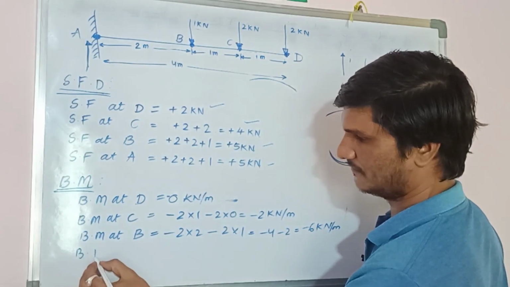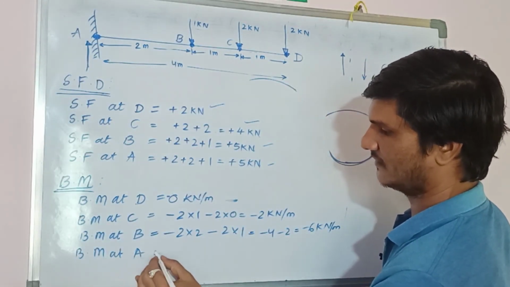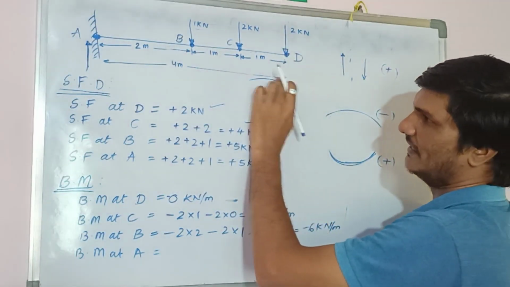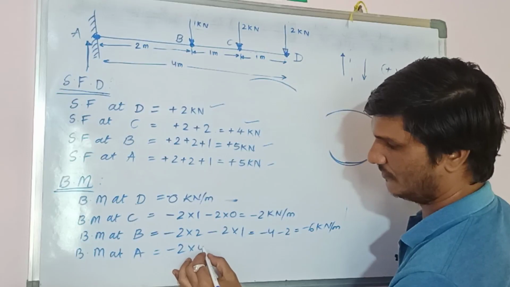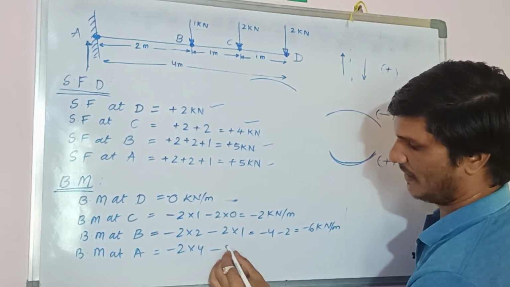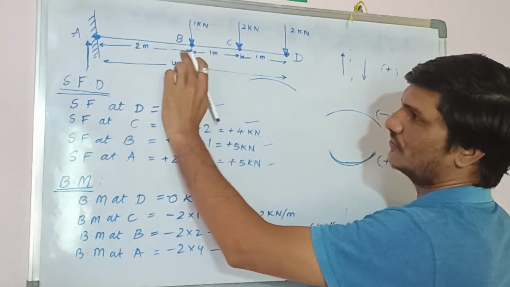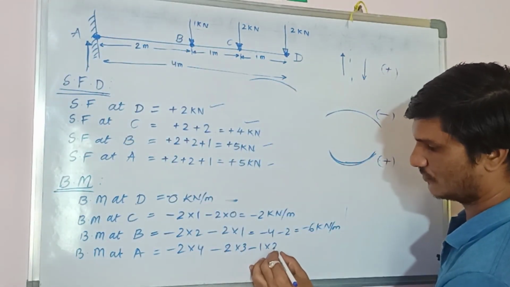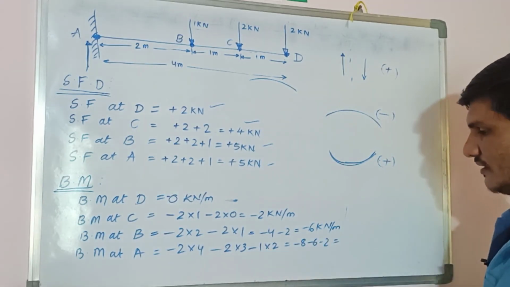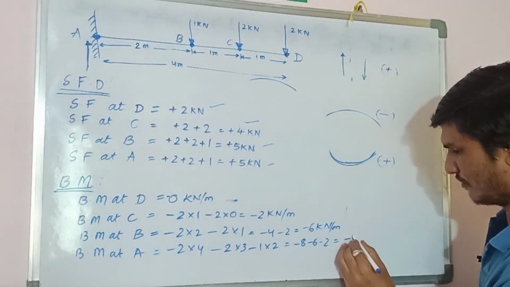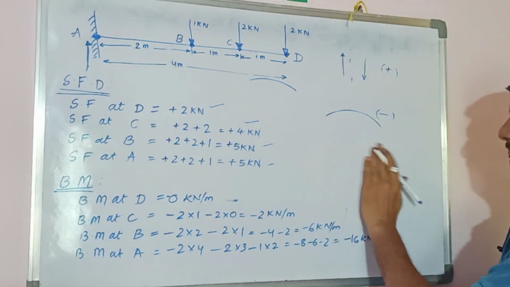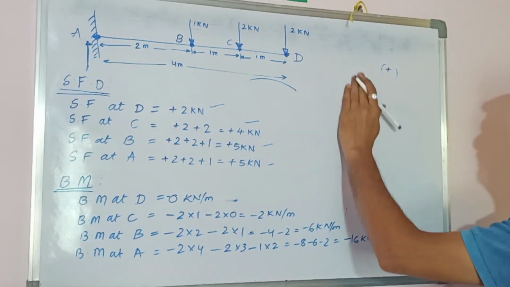Now the bending moment at A. At this point all the loads will be considered: minus 2 into 4, another minus 2 into 3, and minus 1 into 2. So minus 8 minus 6 minus 2, you will get minus 16 kilonewton meter. These are the bending moment values at the different sections.